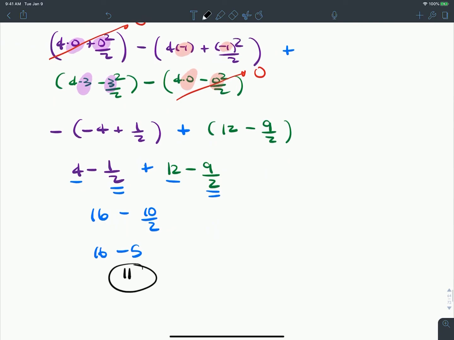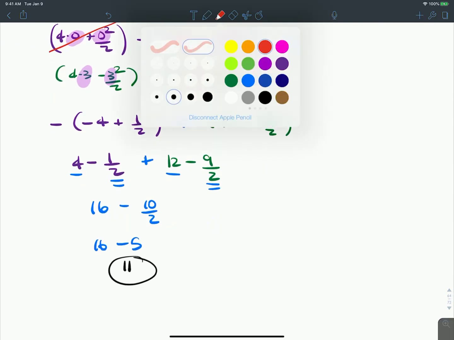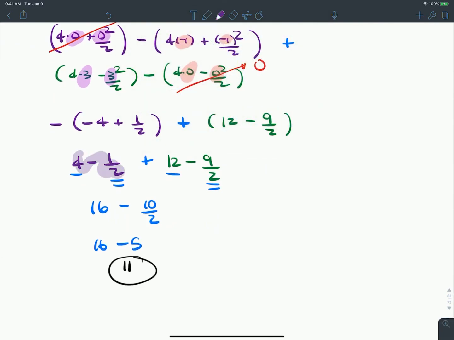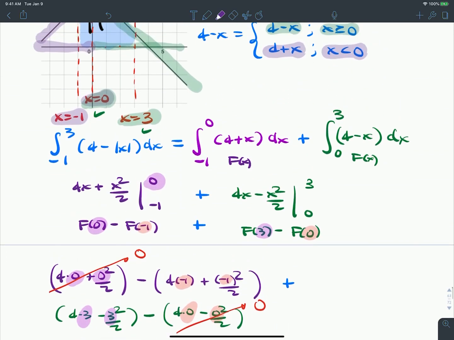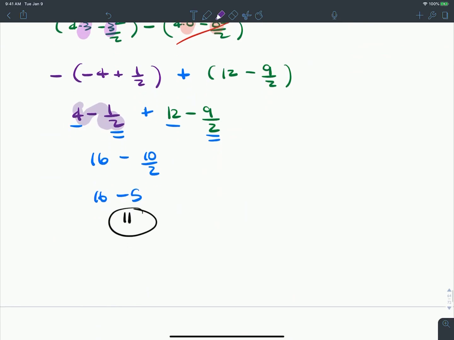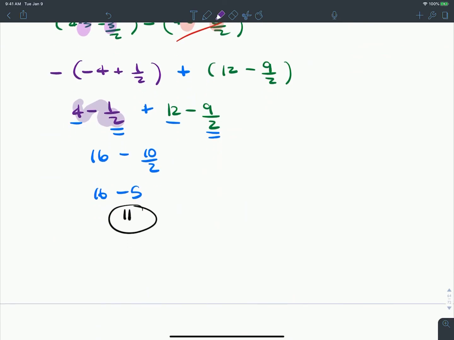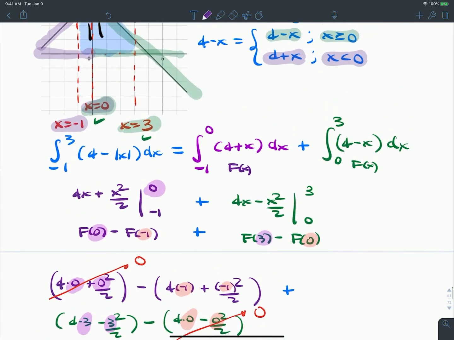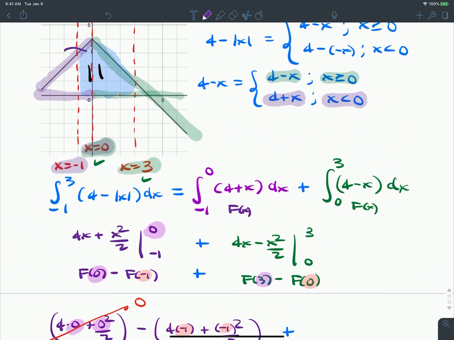But if you were interested in some of the other details, meaning what is 4 minus 1/2? What's the left portion, I believe? If that was purple, that's on the left, yes. The left portion, well, 4 minus 1/2 is 8/2 minus 1/2, and that's going to be 7/2. That's for the left portion. This portion over here is 7/2.